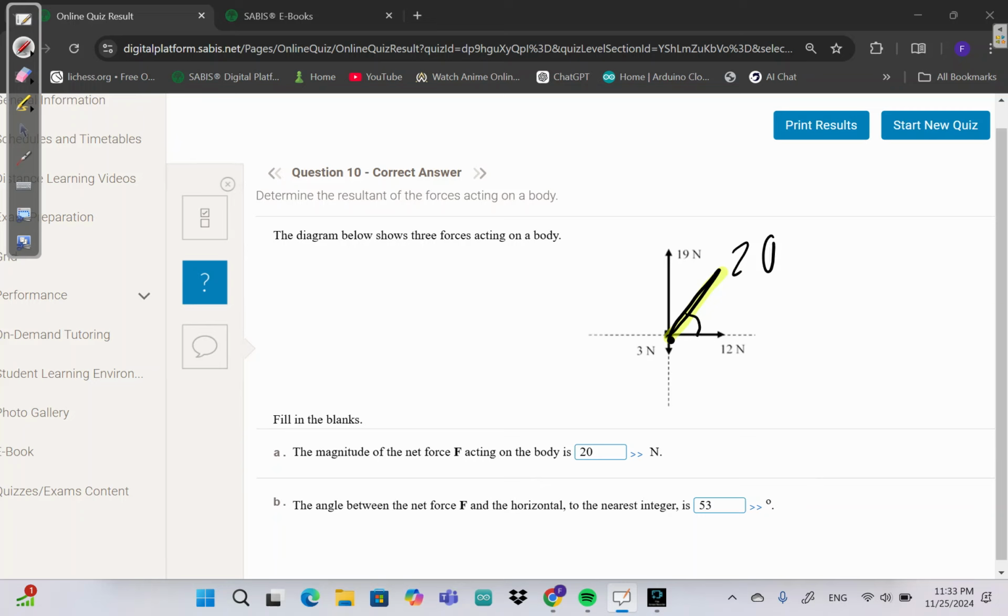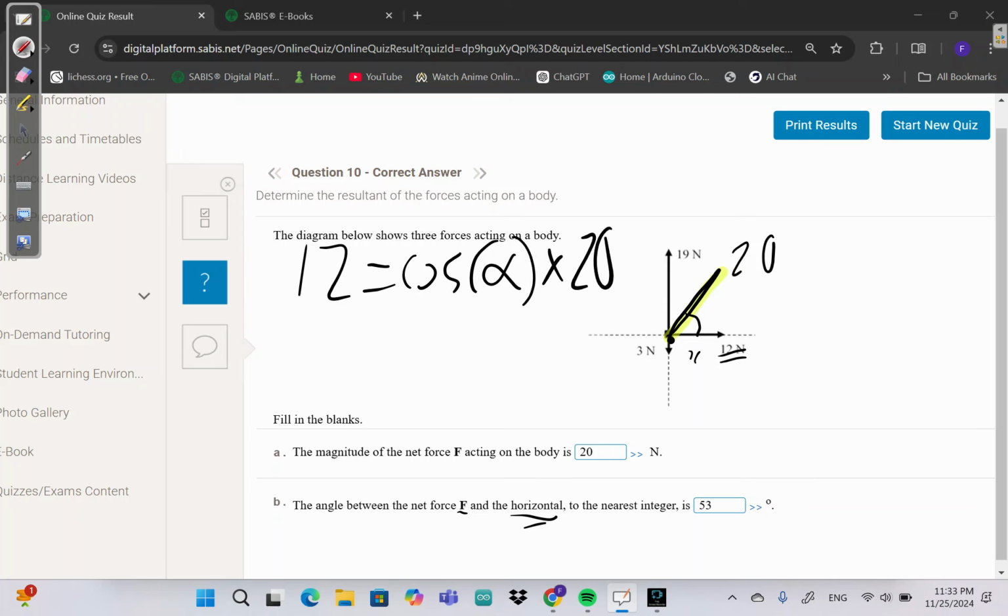And we're trying to find this angle between the force and the horizontal, which is the x. So we're trying to find this angle, and as we said, the x component, which we got given as 12, is equal to cosine of the angle times 20. We take 20 to the other side, so cosine of the angle is equal to 12 over 20.